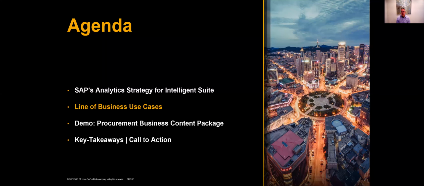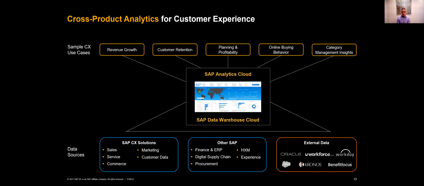So let's talk about some line of business use cases and some customer stories. When we look at the customer experience side of it, we have customer experience solutions for sales, marketing, commerce, and customer data, which you can see down in the bottom left-hand corner.